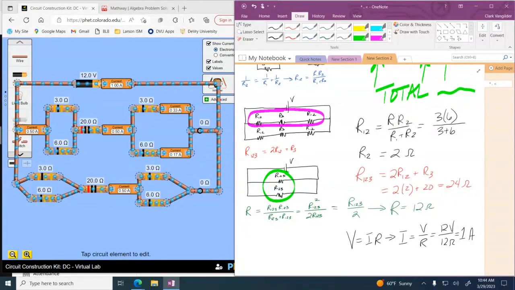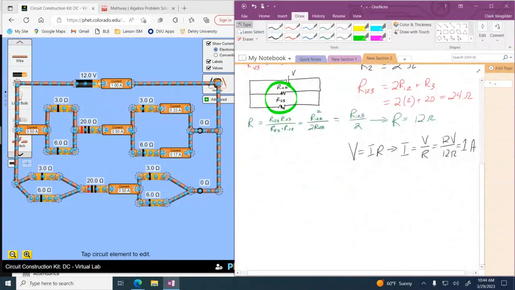Everything you're doing in science and engineering inevitably involves some amount of algebra. So there you go. We have a solution. We could go back and figure out other values in the circuit. So for example, what is the voltage across resistor 3?